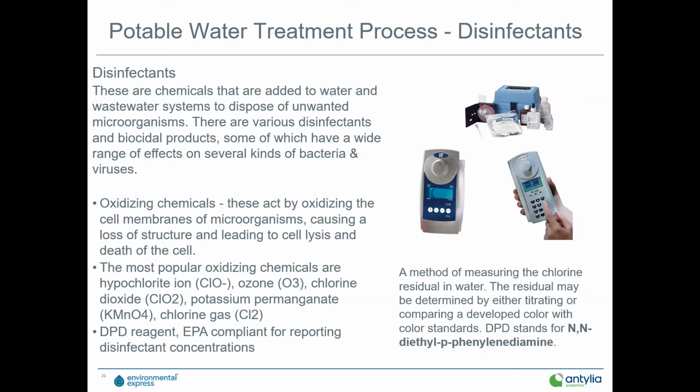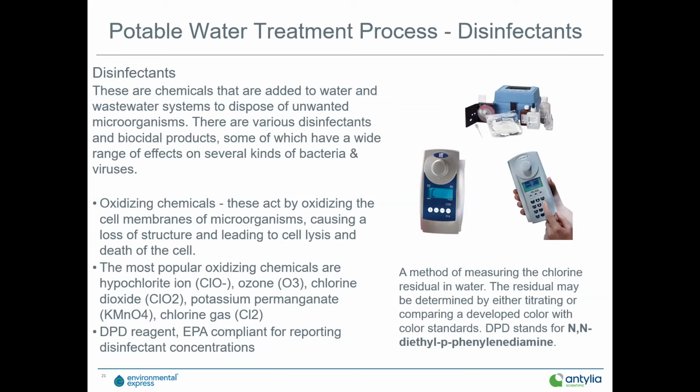DPD is N-diethyl paraphenylene diamine. It's a mouthful. But this is the EPA compliant method for a colorimetric measurement. And I've shown some of the different formats, like the color wheel format. A lot of folks use it. It's fairly accurate unless you're colorblind. Then it wouldn't be so good.